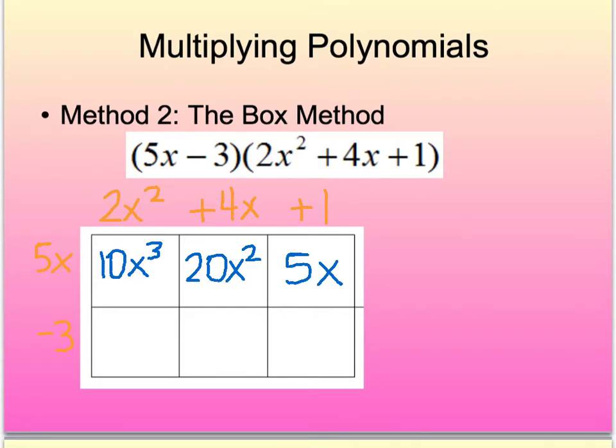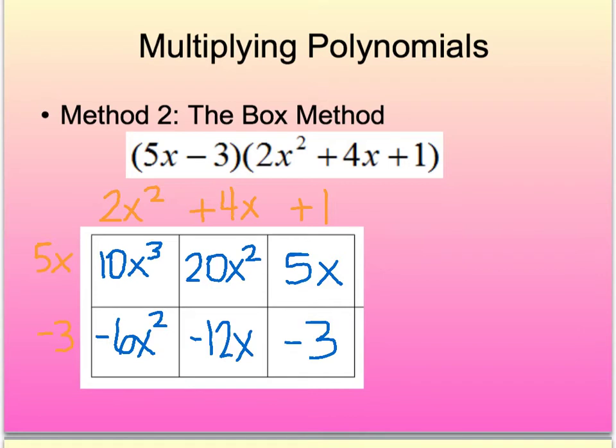And so we move on to the bottom row. Negative 3 times positive 2x squared gives us a negative 6x to the second. A negative 3 times a positive 4x gives us negative 12x. And then finally, negative 3 times positive 1 will give us negative 3.